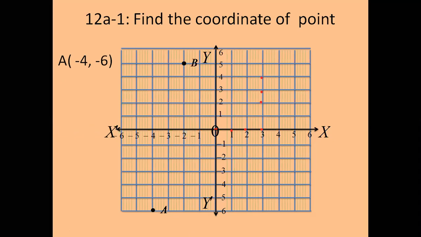Now tell me what will be the coordinate of point B. It is situated on the left side, so no problem. 1 2, first -2 will be the x value, then it's the upper one, 1 2 3 4 5. That's why the B coordinate will be -2, 5. The x value will be -2 and the y value will be 5. Why minus? Because it's going to the left side.